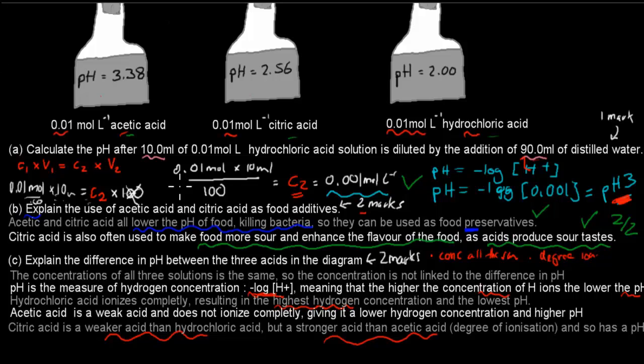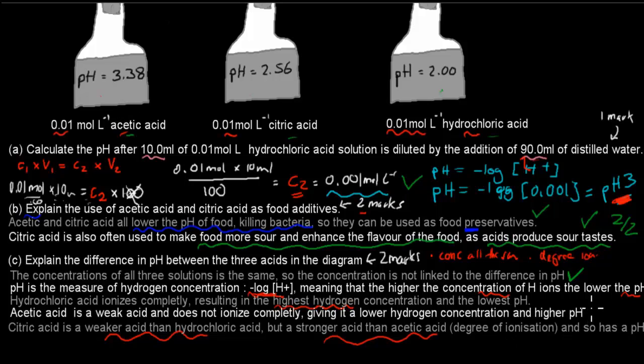So in this case, I've mentioned what the pH scale is, and that it has nothing to do directly with the concentrations of the acids, but more with the concentration of hydrogen ions. And then I mentioned that there will be more hydrogen ion concentration in hydrochloric acid because it ionizes completely, less in the other 2, and acetic acid has the least of them all because it's the weakest acid.